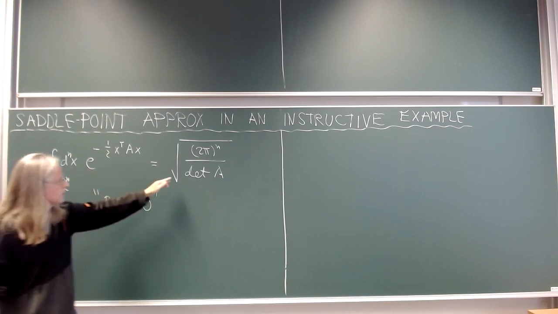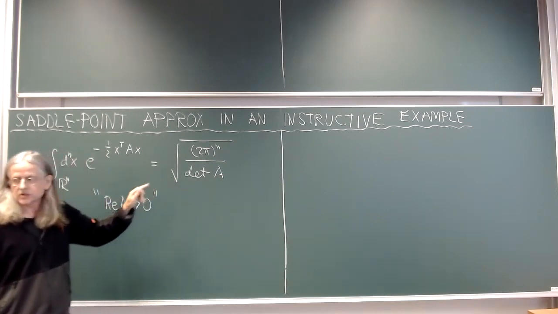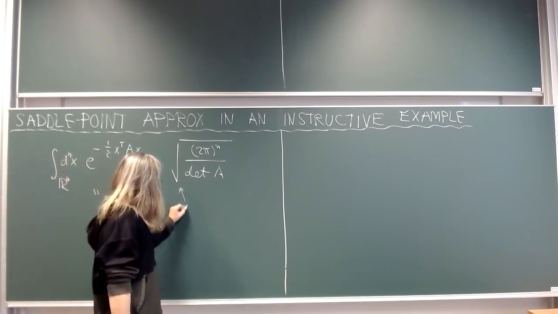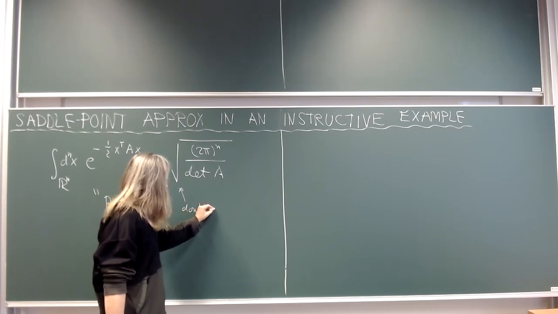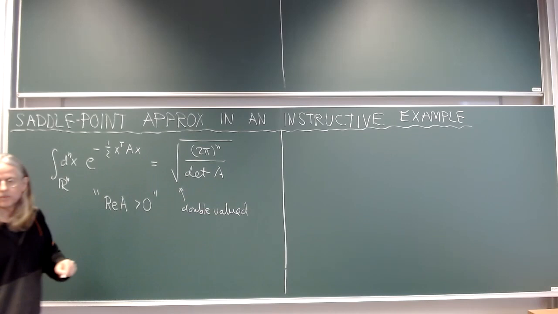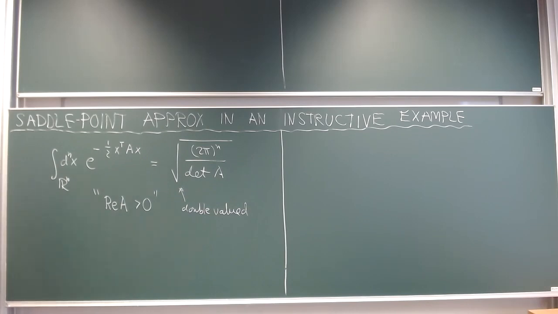The second thing is over here. The square root is double valued. Usually in physics, we don't talk about it. If we have the square root of a positive number, everybody knows that it's double valued, but if we have the square root of 4, then of course we think of it as 2, right?